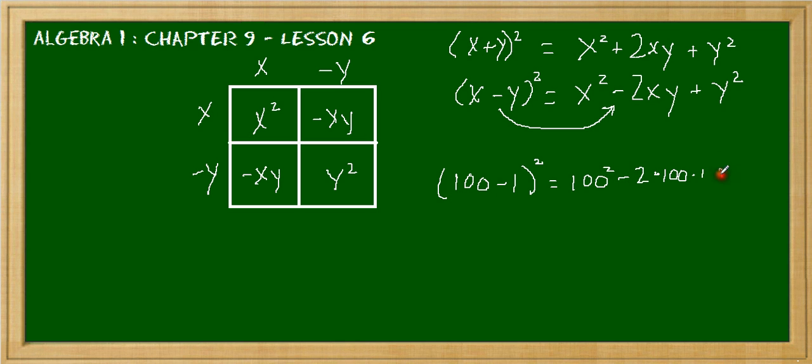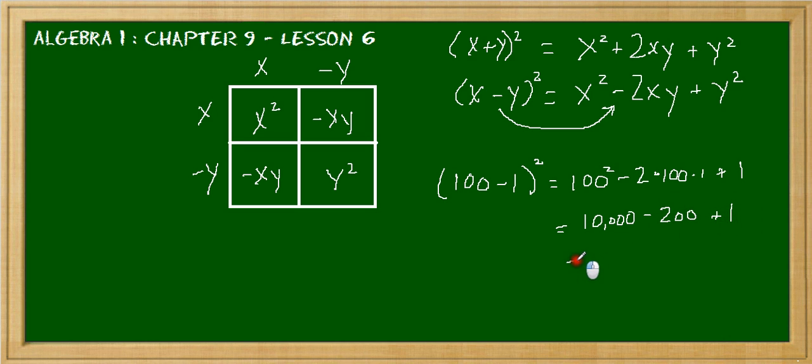Then we're going to add negative 1 times negative 1, which would be positive 1 squared, which we know is 1. So when we do our math here, 100 times 100 is going to be 10,000, and then minus 200, which would be negative 2 times 100 times 1, plus 1.